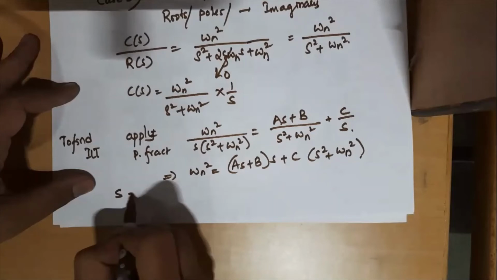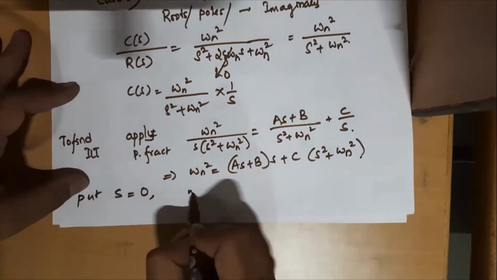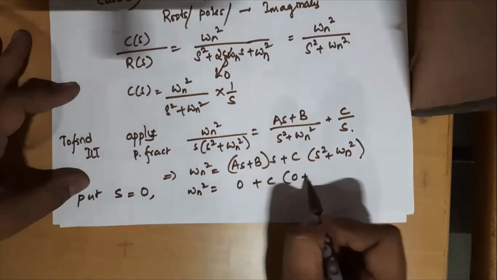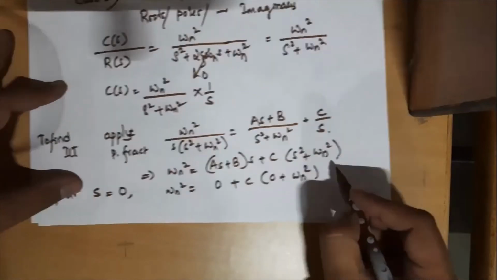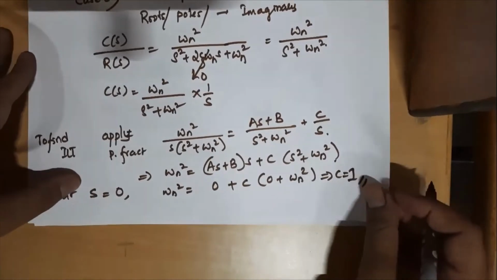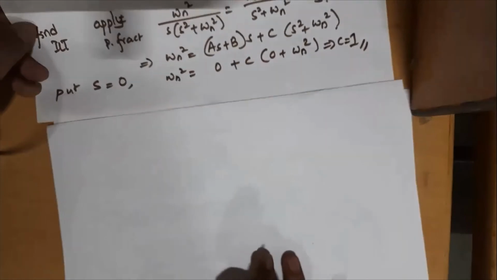If anybody is not following, you can stop me. Fine. Then substitute s equal to 0. We will get omega n square equal to 0 plus c omega n square, which implies that c is equal to 1.